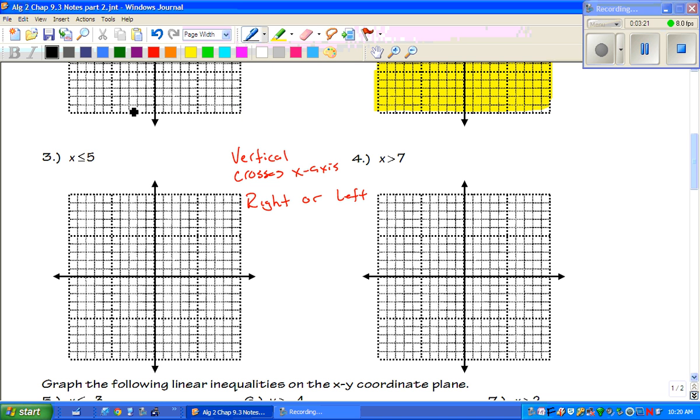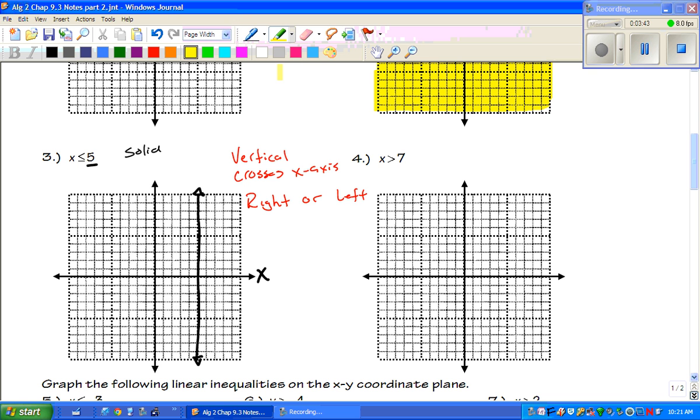So we got 5 right there. So we know that's where our line's going to be. It's going to be solid. So at 5, I'm going to draw a nice solid line. Remember that this is the x-axis, so it has to cross that.